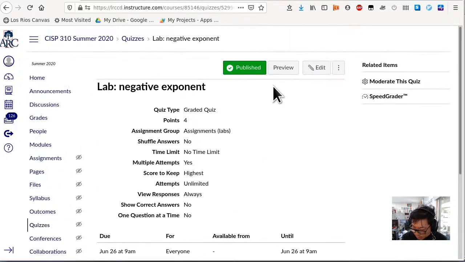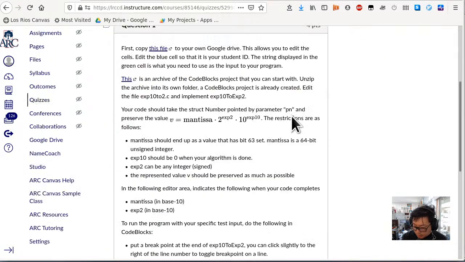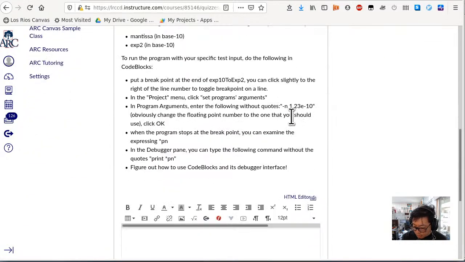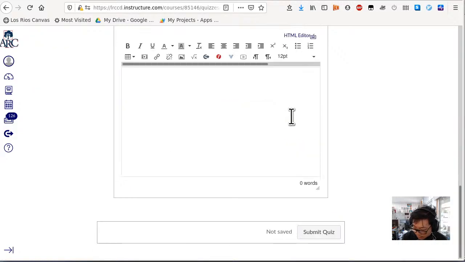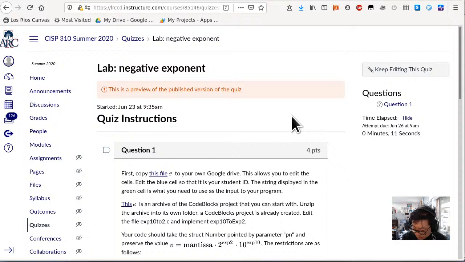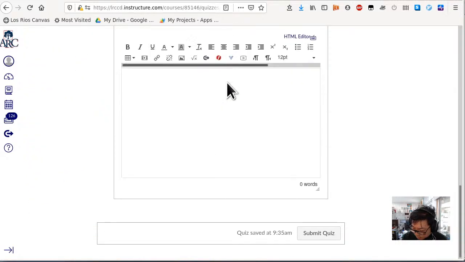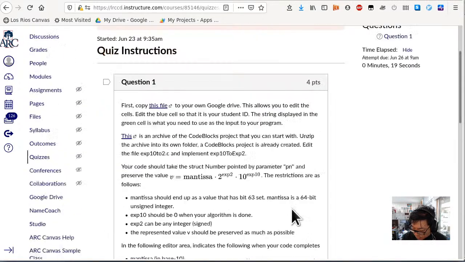All right, so this lab is basically just one gigantic description with a file. No. It is supposed to have a file submission and not a text area. So I need to fix that.